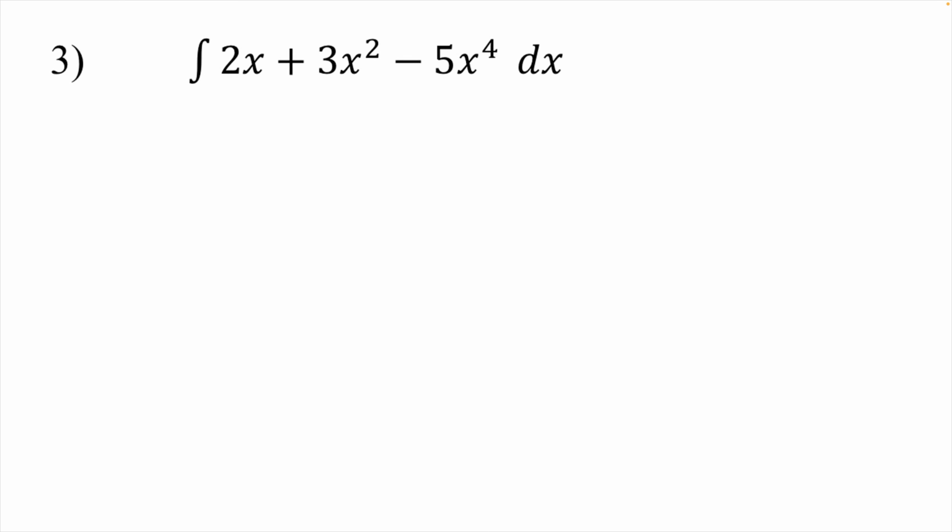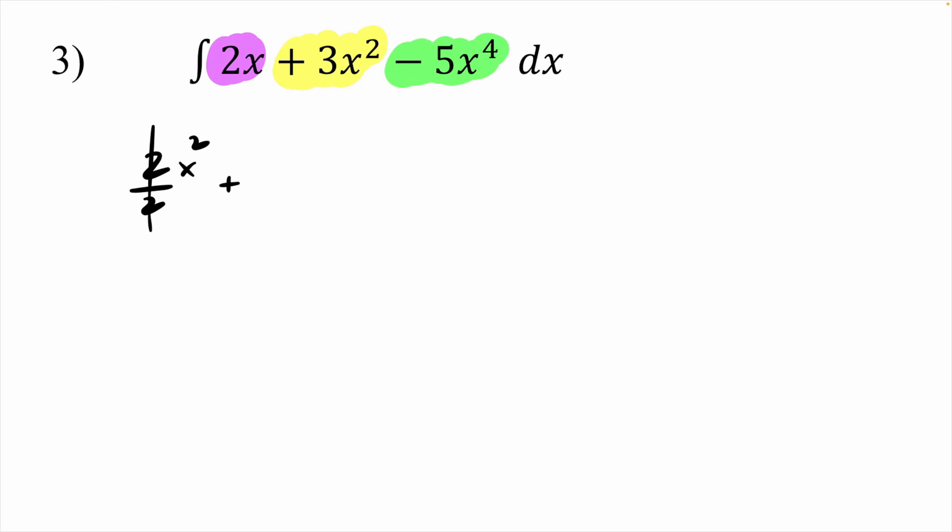Number 3 is 3 separate problems. So you're just finding the antiderivative of 2x, positive x squared, 3x squared, and negative 5x to the 4th. The antiderivative of the purple one would be 2x squared divided by 2, right? It's just x squared.